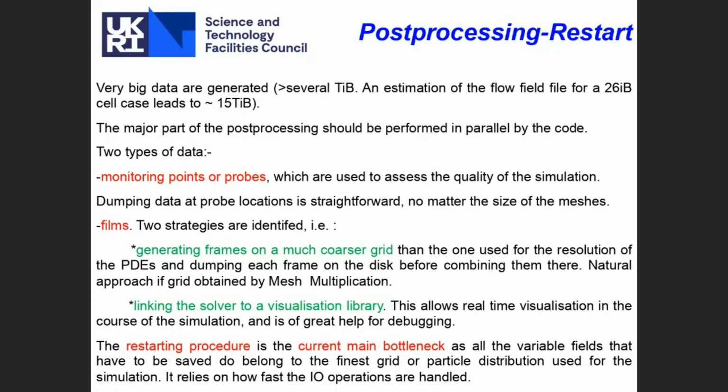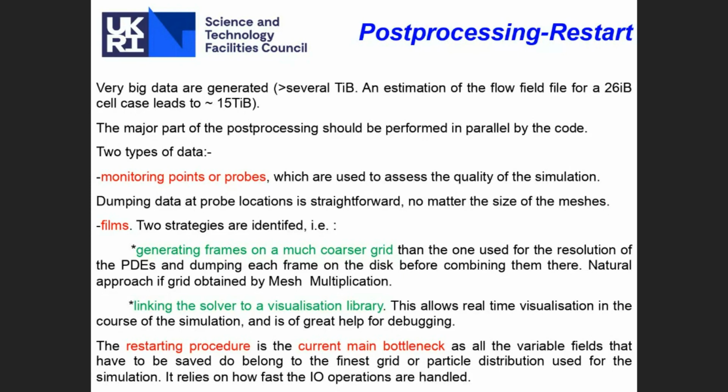In Code Saturne, we've got several post-processing aspects. First, the monitoring points on the probes, which you've been using in the first tutorial, I think. Then you would like to be able to generate films with your data, for public engagement, for instance.